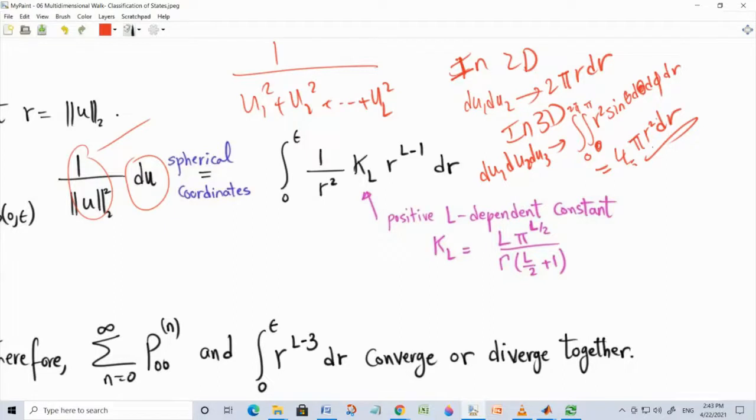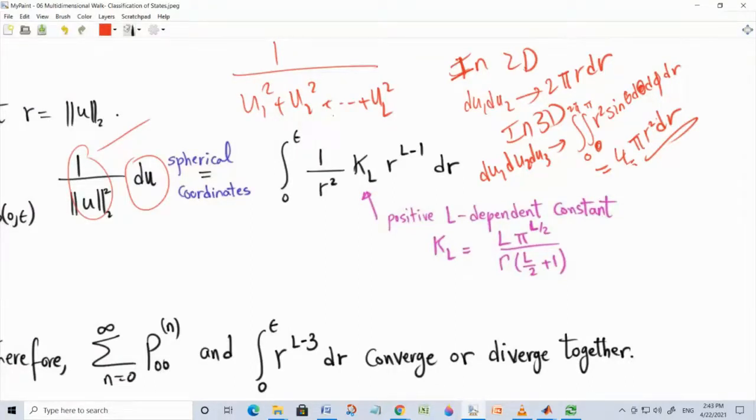Moral of the story: if you are converting from rectangular coordinates to spherical coordinates, and you don't have dependence on the angles, you will get a constant, and we really don't care about this constant. We are trying to make a decision: do we have a finite value for the integral, or is it plus infinity?